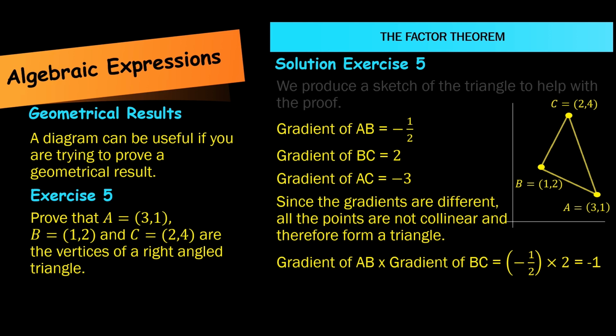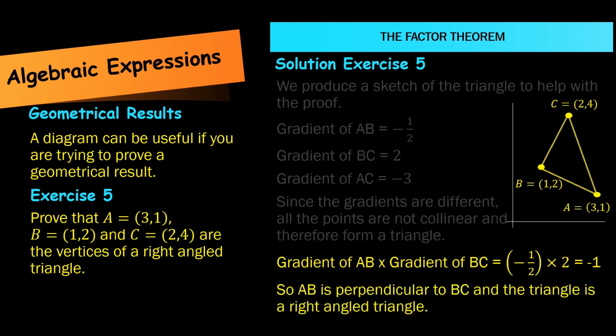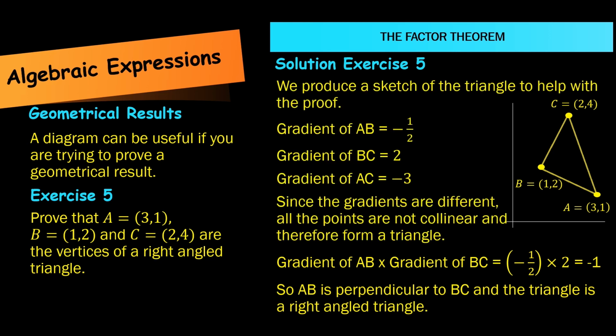And therefore, AB is perpendicular to BC, and the triangle is a right-angled triangle. And therefore we've proved the statement of exercise 5.